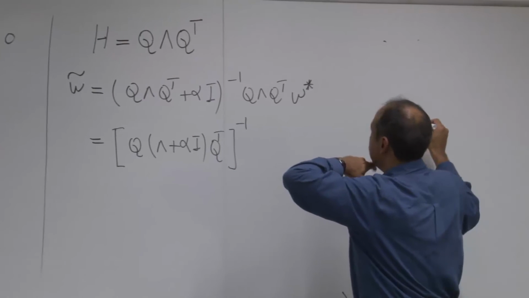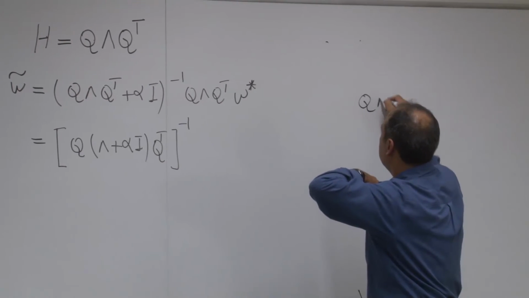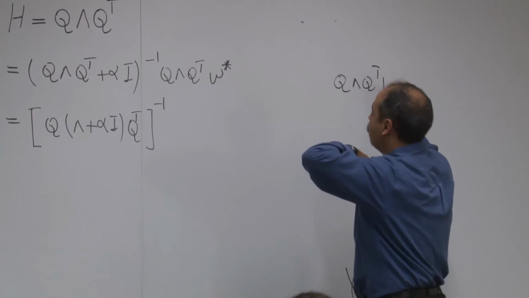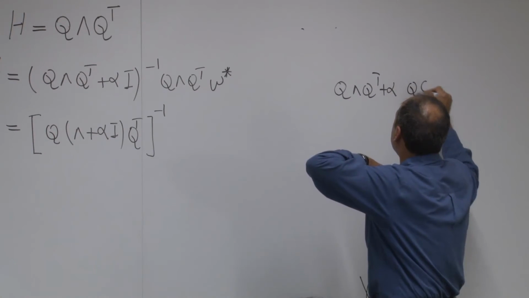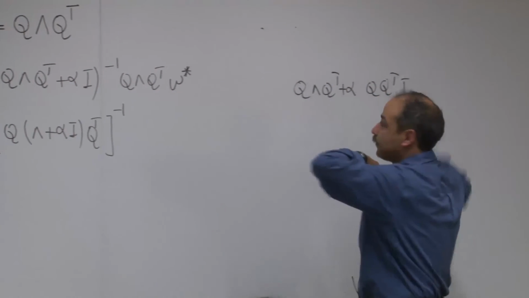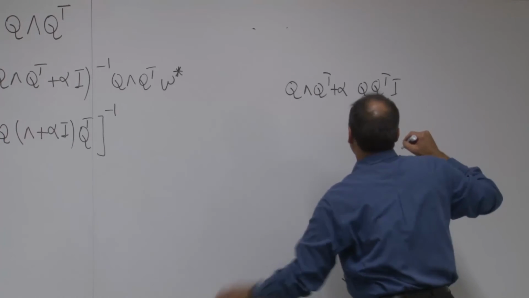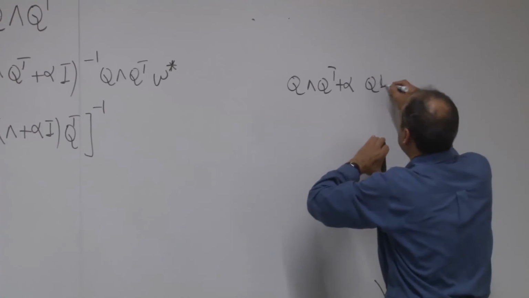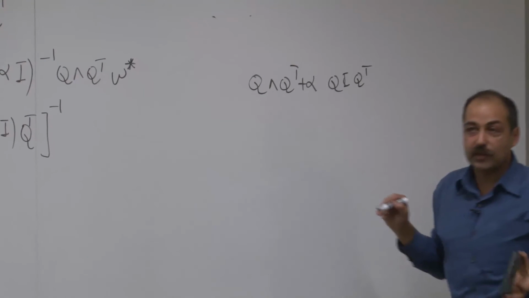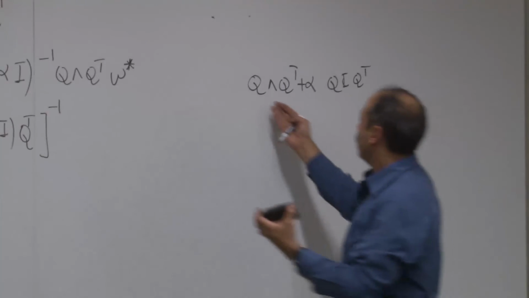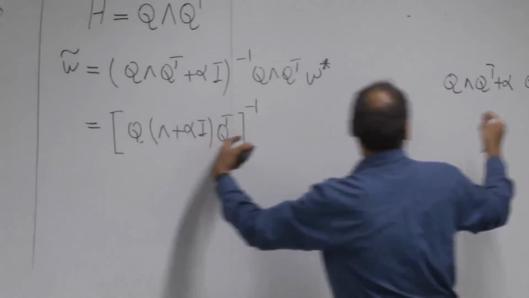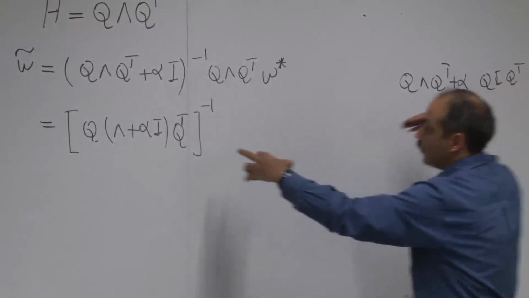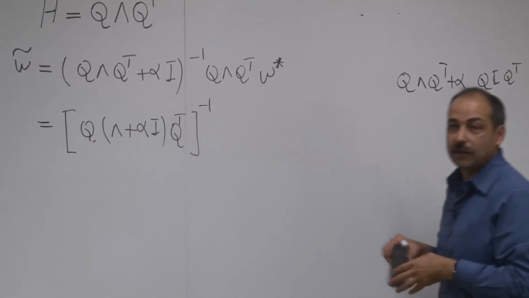Suppose it's Q lambda Q transpose plus alpha Q transpose I, or Q I Q transpose, which makes no difference because it's identity. Then I can take this Q out, and I can take this Q transpose out, and write it this way.